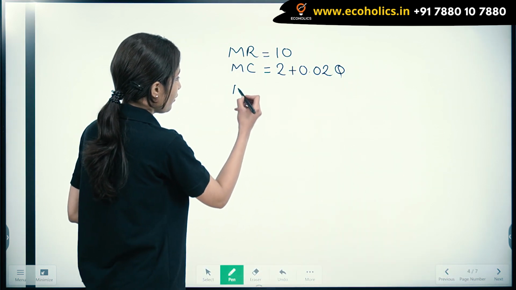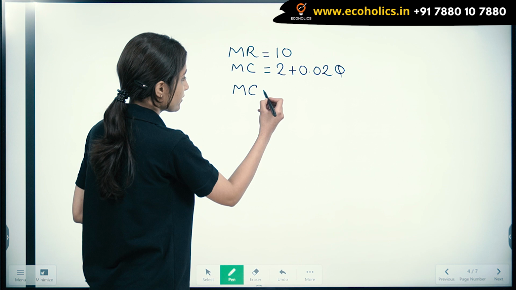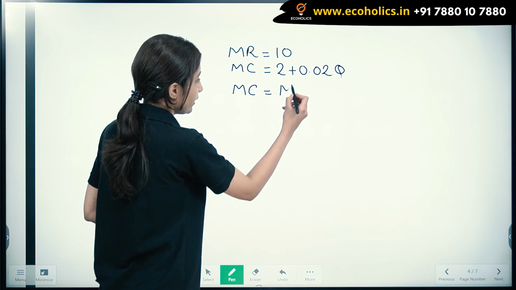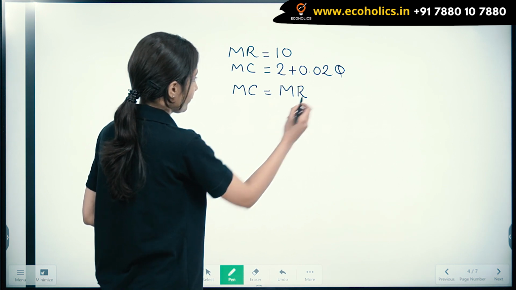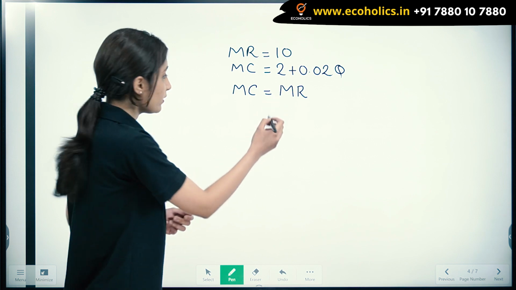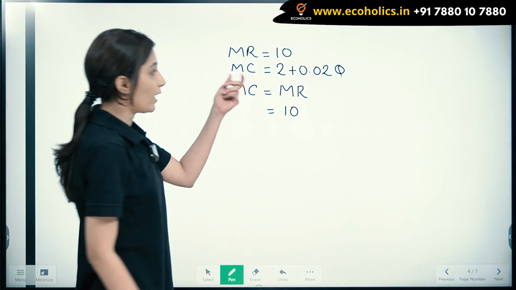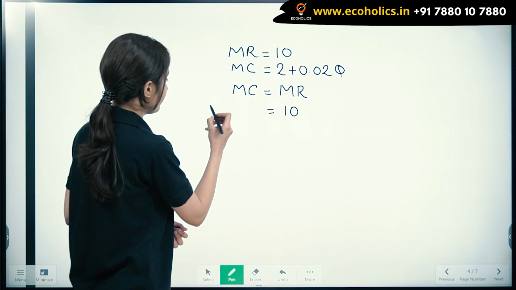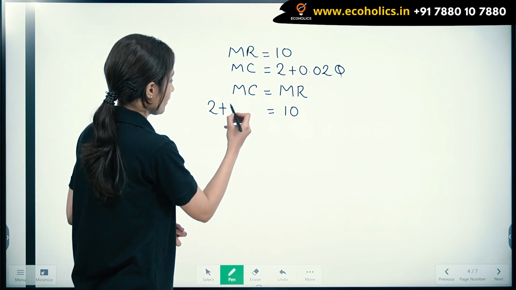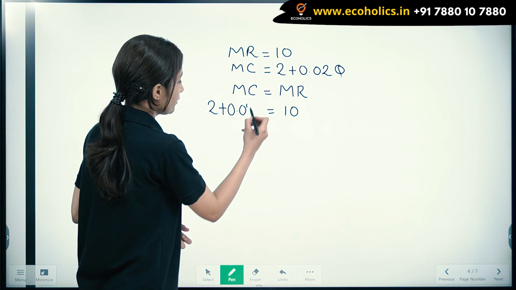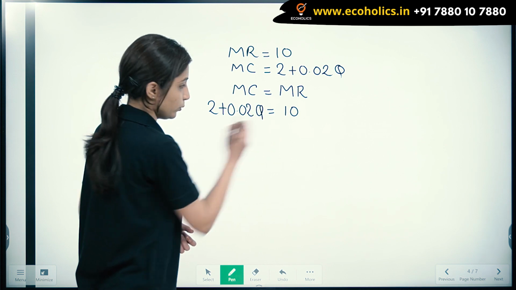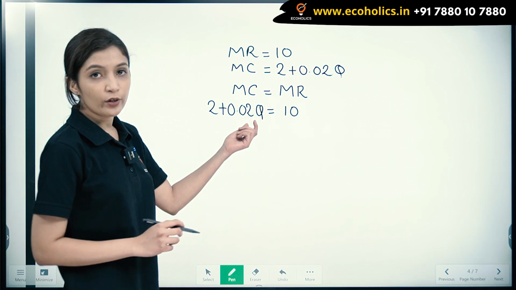So our profit maximizing condition is MC should be equal to MR. Now our MR is 10 and our MC is 2 plus 0.02q. So now we are going to find Q.